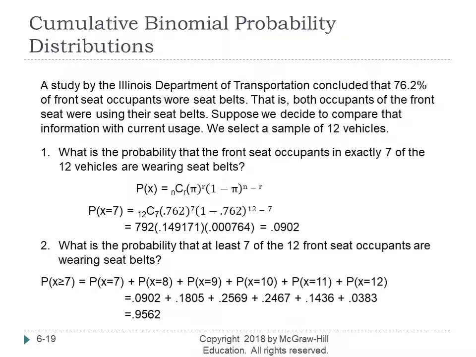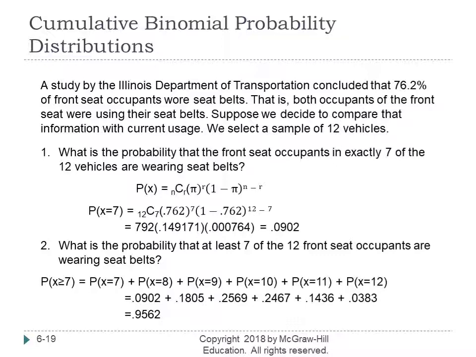probability. What is the probability that at least 7 of the 12 front seat occupants are wearing seat belts? When you say at least 7, that means 7 or more. So you want the probability that either 7 people are wearing seat belts, or 8, or 9, or 10, or 11, or 12.